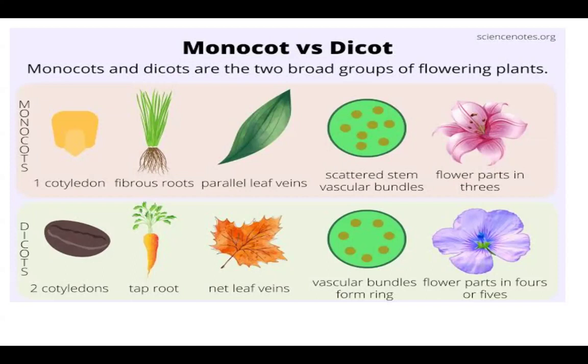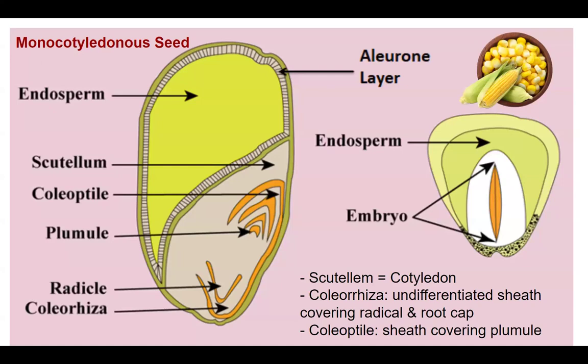In dicots, there are two cotyledons. They have tap roots, and there is net, reticulate leaf venation. The vascular bundles are in the form of a ring, and flowers occur in fours or fives.